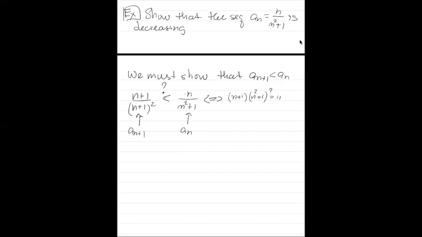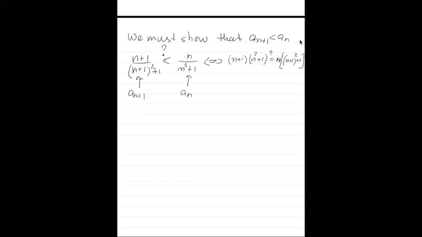I see I'm missing another plus 1 here, that's why it's not working. Let's erase this. So this is n plus 1 squared plus 1. All right, I'll write it here where there is more room.